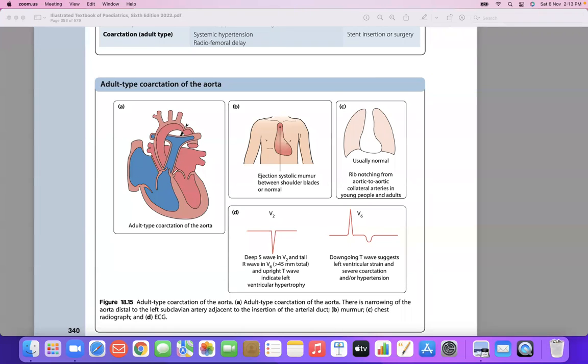Again, any coarctation of aorta will have what? Left ventricular hypertrophy. So you see deep S waves in V2 and tall R waves in V6. Tall R waves in V6 more than 45 mm in total, and upright T wave indicate left ventricular hypertrophy.